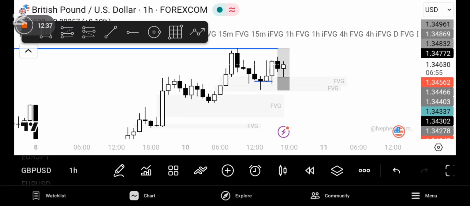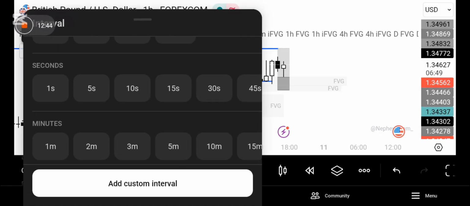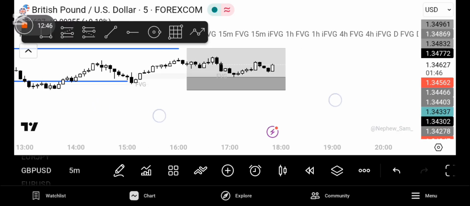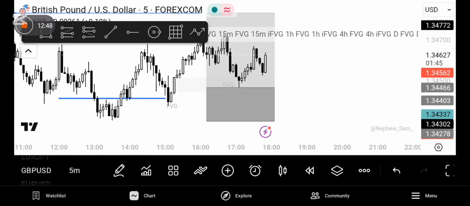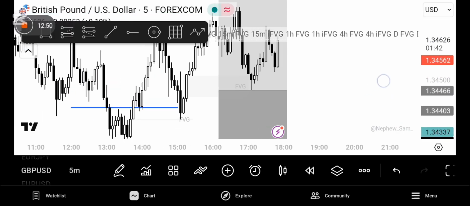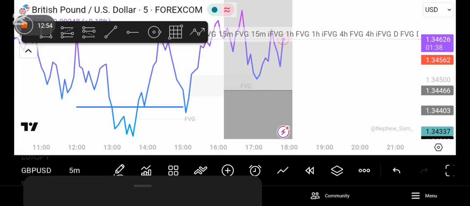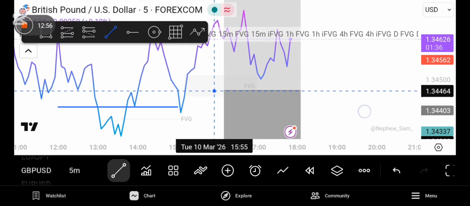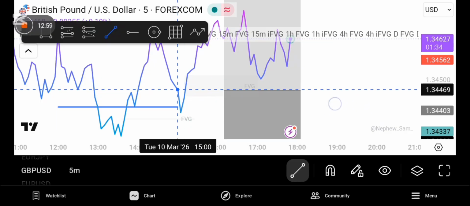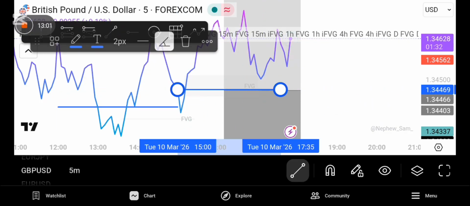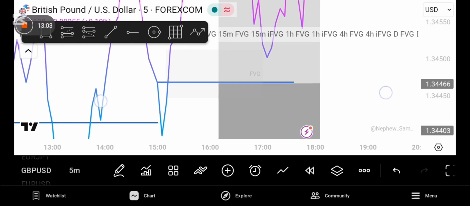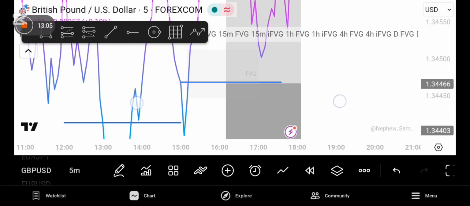After I saw that, and I still know that this market is quite bullish, right? So I did the next best thing, which is switch to the 5 minutes time frame, then waited, then checked for the breakout, which is this gap here, right? I hope, yeah, that's the gap.